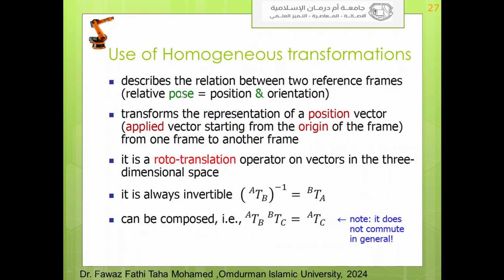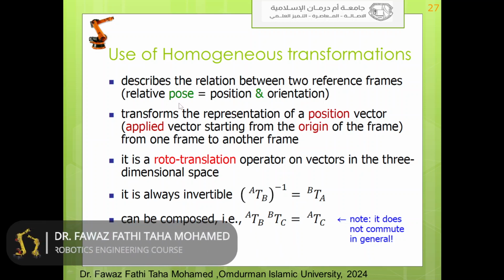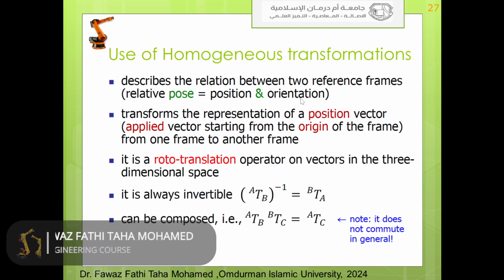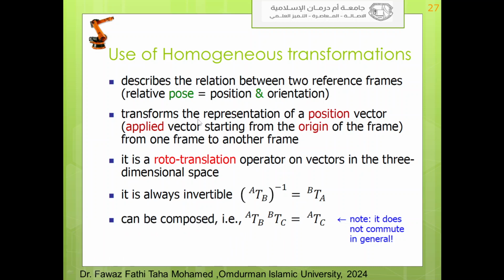How do we use the homogeneous transformation? It describes the relation between two reference frames, the relative pose. When we use the term pose, it means position and orientation. Pose transforms the representation of a position vector, applied vector starting from the origin of the frame, from one frame to another frame.